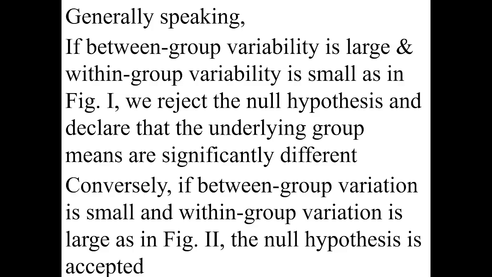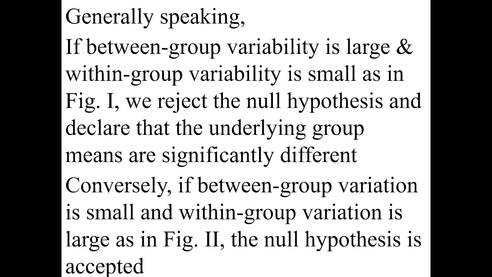Generally speaking, if between group variability is large and within group variability is small, as we saw in figure 1, we tend to reject the null hypothesis and declare that the underlying group means are significantly different.